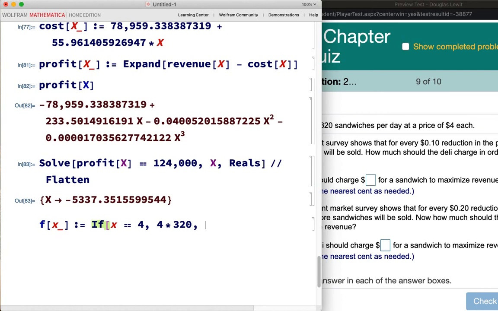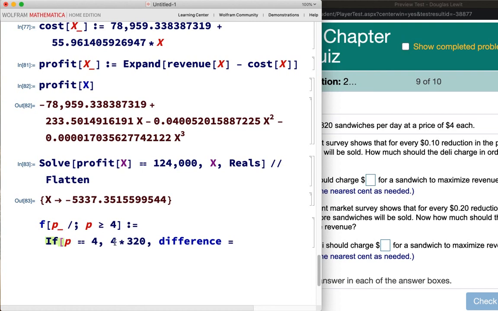Otherwise, the difference is going to be, so this number has to be 4 or bigger than 4. Actually, I should say the price. We'll call this variable price.